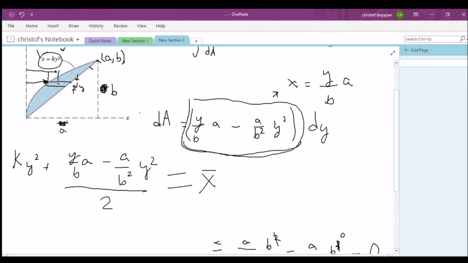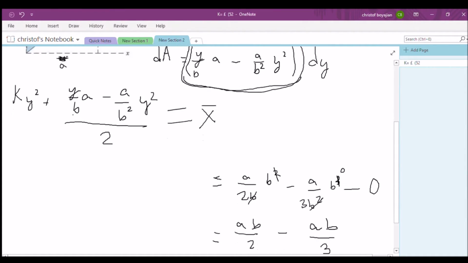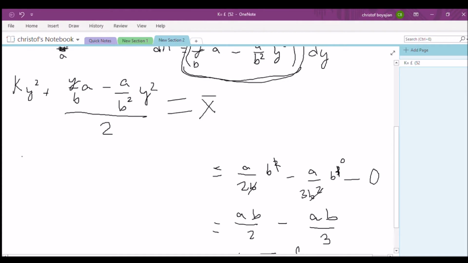Now that's a handful, right? But we can simplify that, right? So why not? Let's go ahead and simplify that. So we can replace k, as we said before, with a over b squared. So a over b squared times y squared plus y a over 2b. I'm going to separate these out as two separate fractions. So we have a over b squared times y squared, then divided by 2.